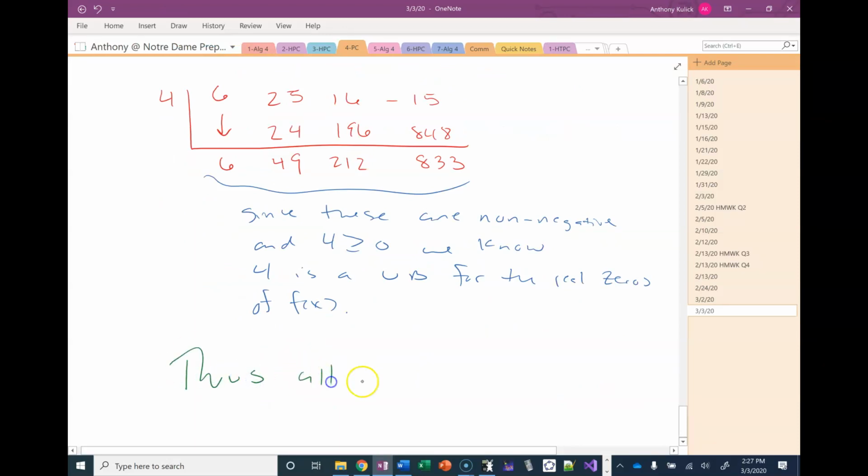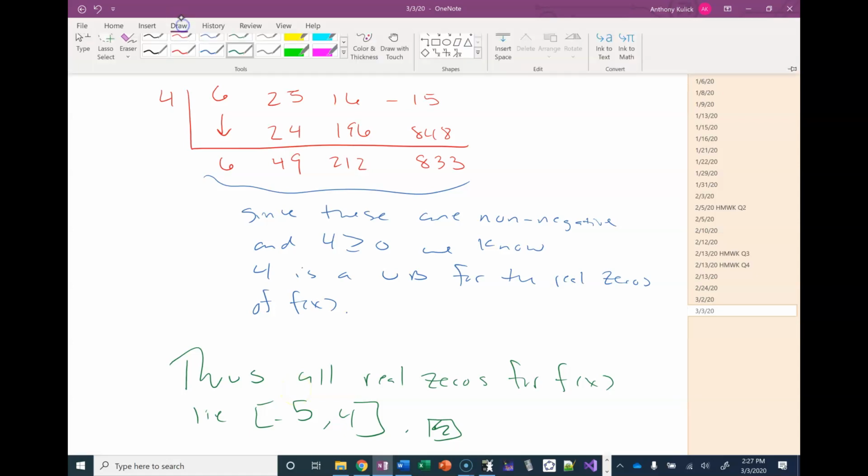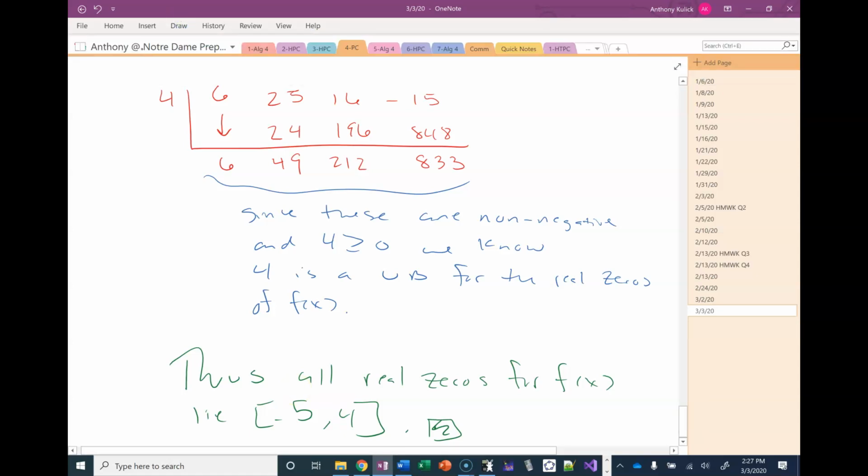Thus, all the real zeros for f of x lie on the interval -5 to +4. And we're done. Notice that it didn't ask us to solve this, right?